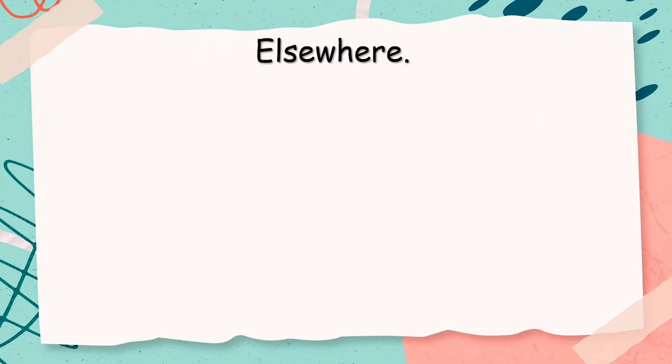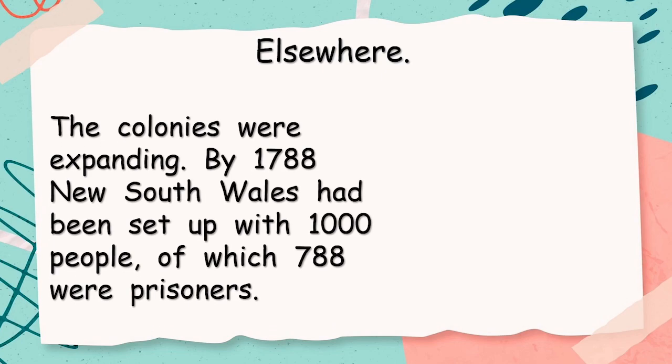What about elsewhere? The colonies were expanding. By 1788, New South Wales had been set up with 1,000 people, of which 788 were prisoners.